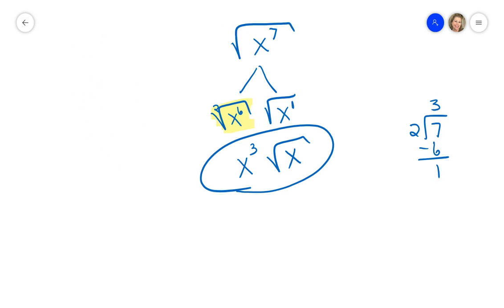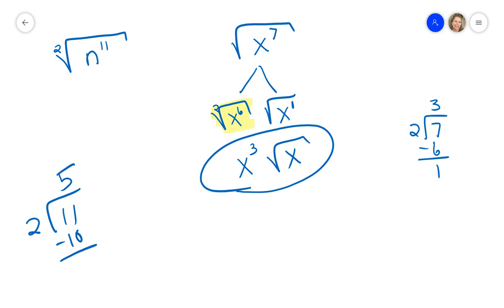Let's say I was taking the square root of, let's switch to different letters, how about n to the 11th? If you want to use the trick, that's a square root, I would say 11 divided by 2. 2 goes into 11 5 times. That's 10, right? With 1 left over. So my exponent is now n to the 5th.